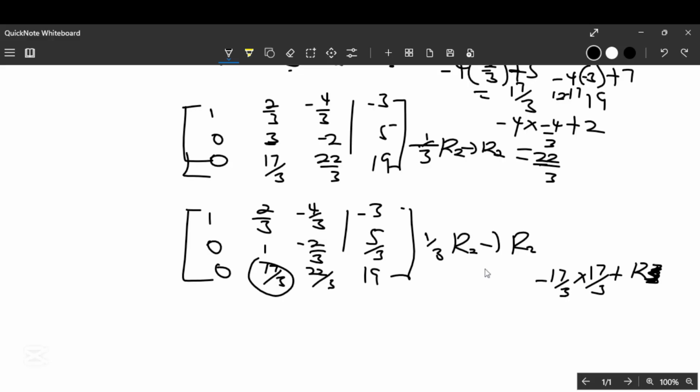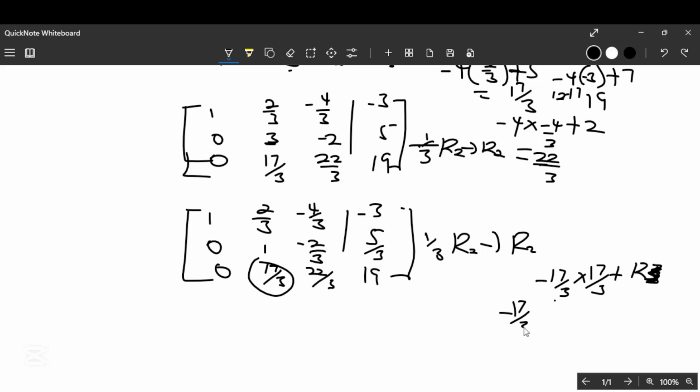So where are the row 2 elements? These are the row 2 elements. If we find negative 17/3 times all the row 2 elements, and we add the row 3 elements, then we are going to have this place become 0. Now let's check it out.